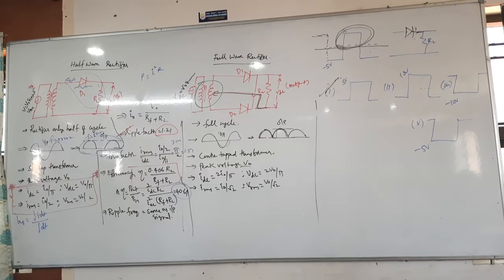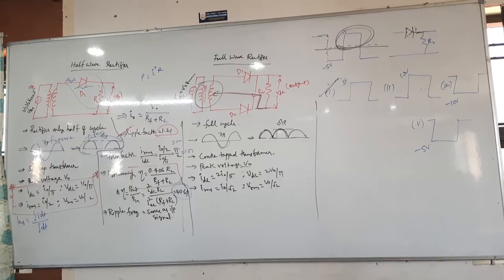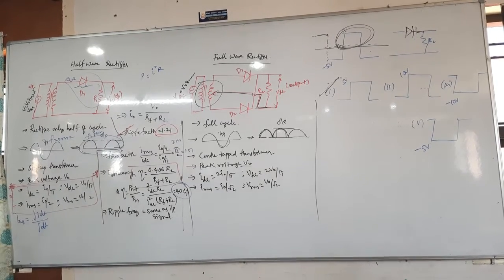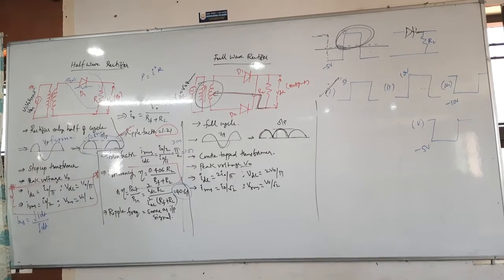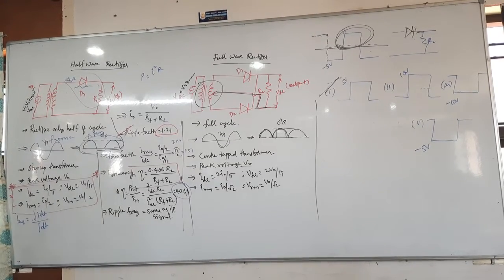The applied input AC to a half wave rectifier is 60 watts, and the DC output is 20 watts.